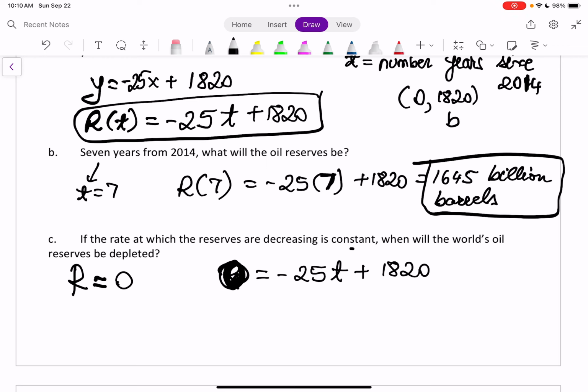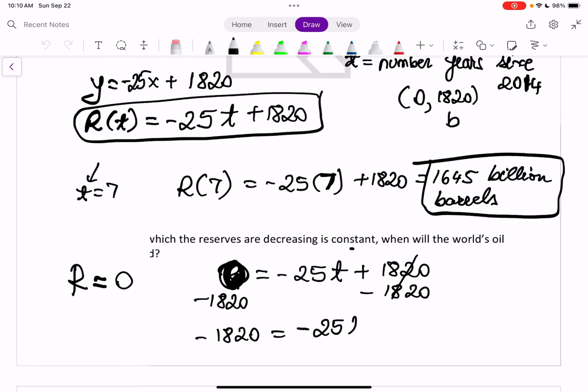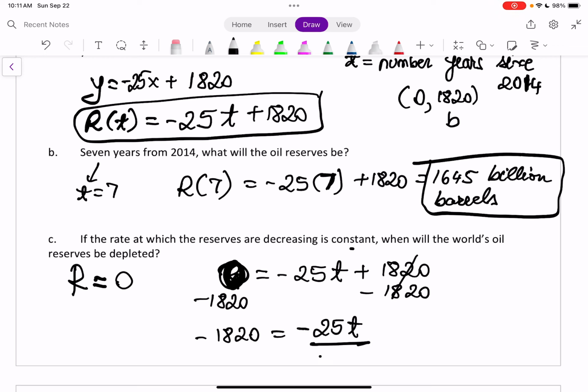And solve for the time. So that's something we very much practiced at the beginning of this section. So I'm going to minus 1,820 over, and then divide by this negative 25. So it's a simple linear equation now to be solved.